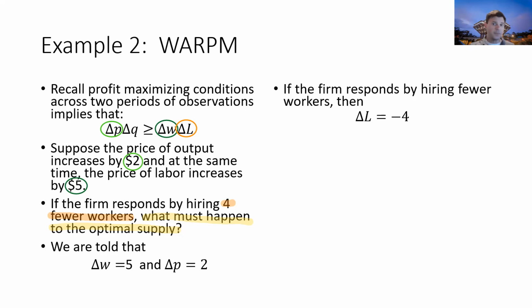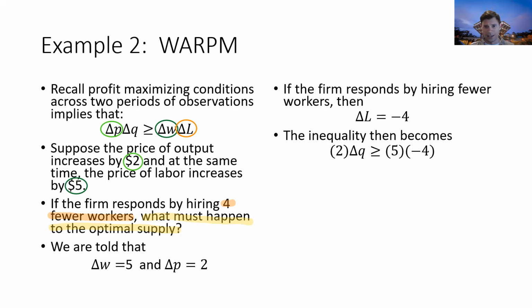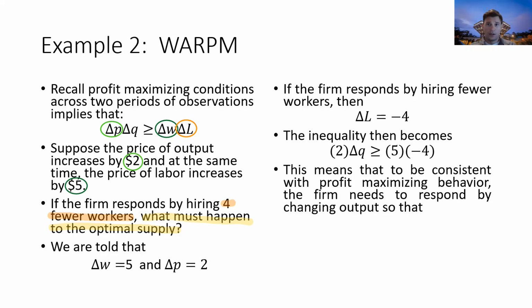So we can substitute those into that inequality, and we get 2 times delta Q on the left has to be greater than or equal to -20 on the right. If I divide both sides by 2, then this will tell us what has to be true about the firm's output decision so that we're not violating any of those profit maximization conditions.